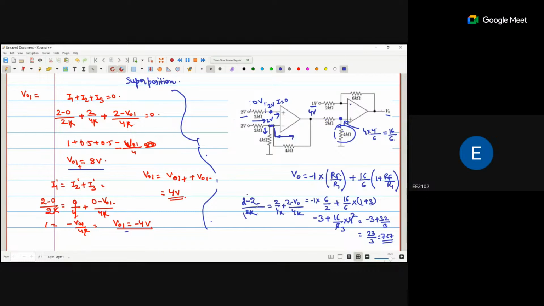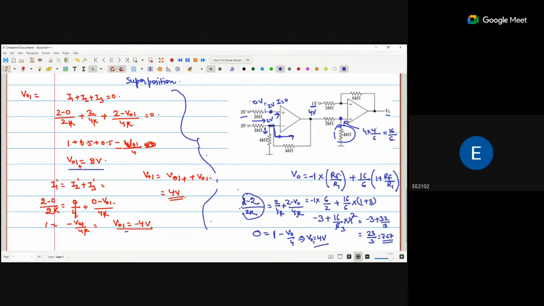So this becomes 0 because 2 minus 2. So 0 is equal to, k and k cancel out, 2 by 4 minus 2 by 4, which is 1 minus V naught by 4. So directly we are getting V naught equal to 4 volts.